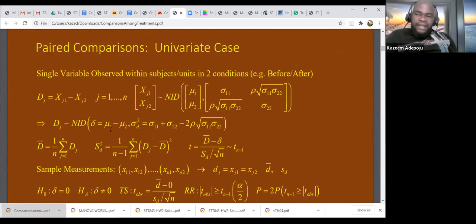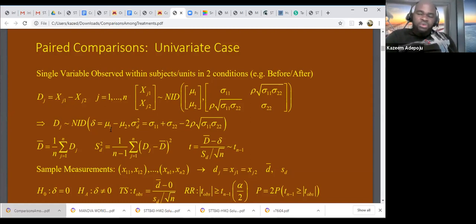in univariate analysis, there's what we call paired comparisons. What do we mean by paired comparison?